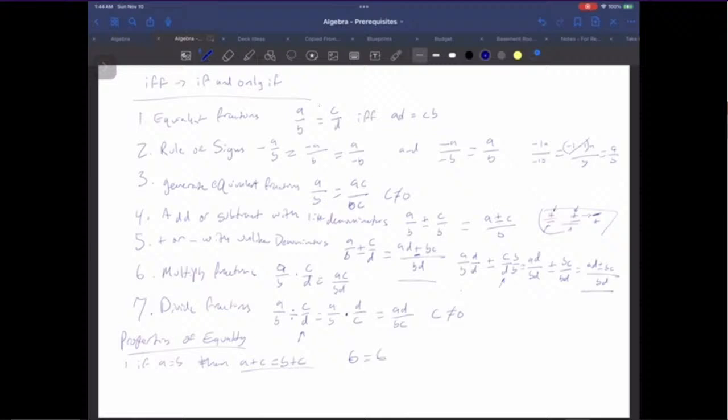Very simple. Well, if 6 plus 3 is on one side, then when I add 3 to the other side, it doesn't change the equation. 9 is equal to 9. However, it will become important later, because I will need to add terms to both sides of an equation to start solving things. So just remember that.